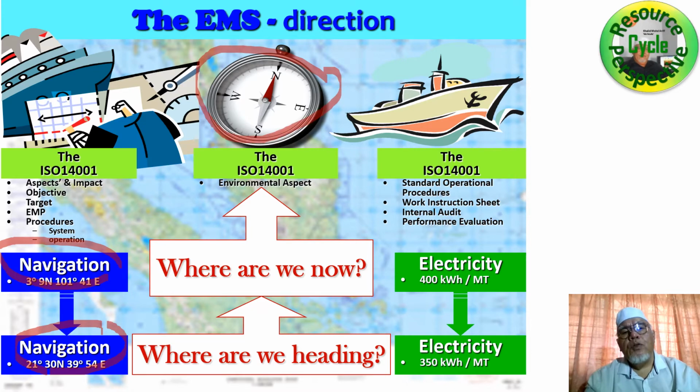Now, how do we translate that to an environmental management system? Let's say we are talking about electrical energy. We must know how much energy we are consuming now. But if you look at it carefully, I have added per metric ton.